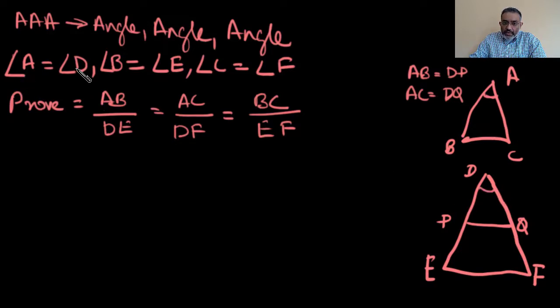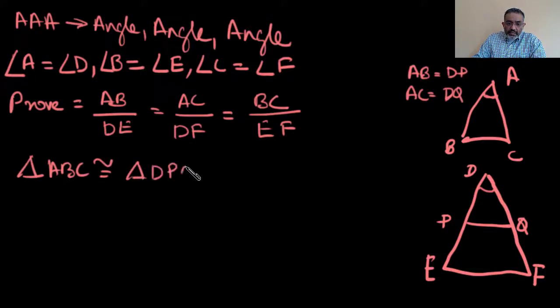We know that A equals D, that's our base assumption. And this side AB is equal to DP, and this side AC is equal to DQ. So we know for a fact that triangle ABC is congruent with triangle DPQ. So this is the first step.